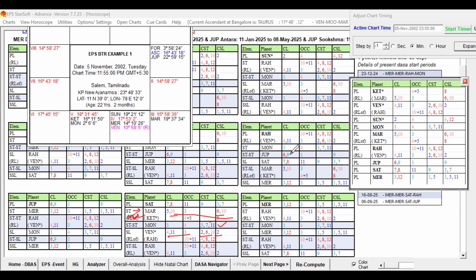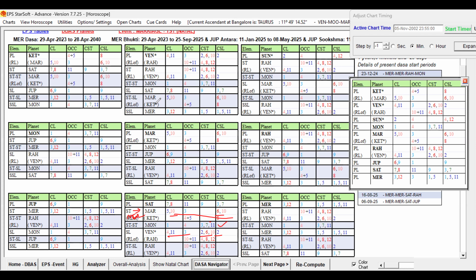I have already removed all the planets that I have marked. We have deleted many planets, no planets selected except Rahu. Rahu star level is good, sub level is Saturn. Moon and Saturn are playing a role. This planet also has Moon and Mercury playing, but this is not good. So we have eliminated this.